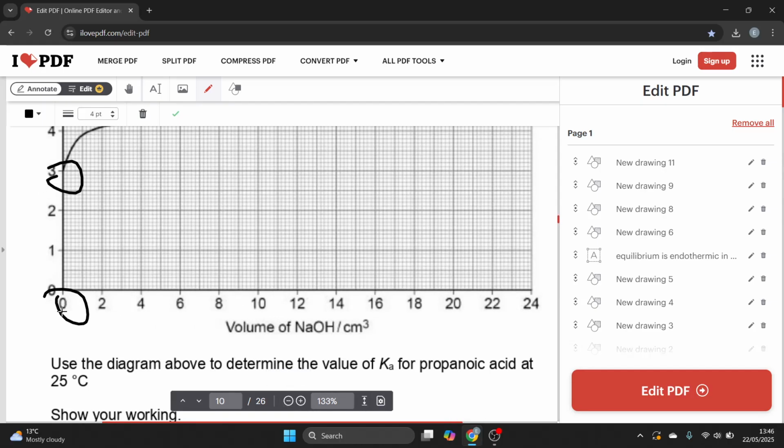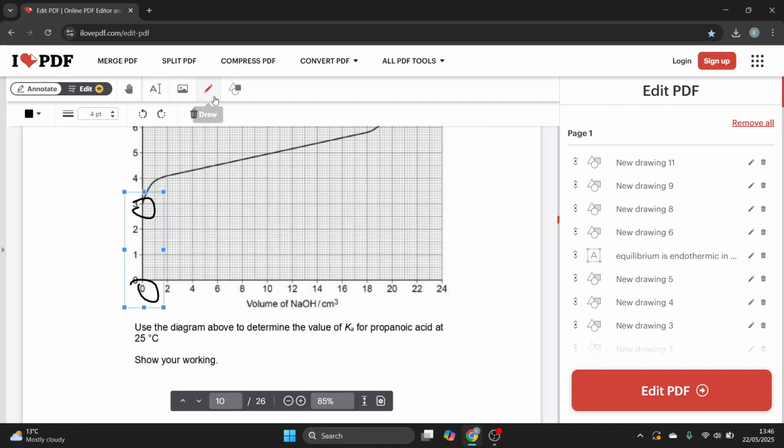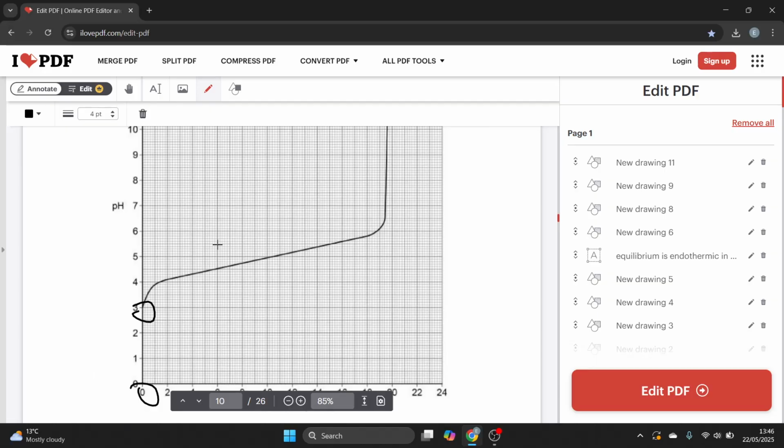So when there was 0 sodium hydroxide added, the pH was that, right? So that was with pure acid.